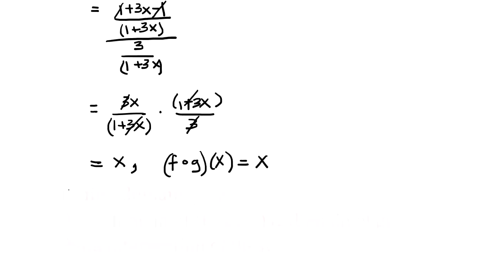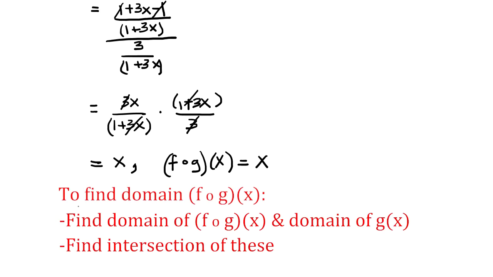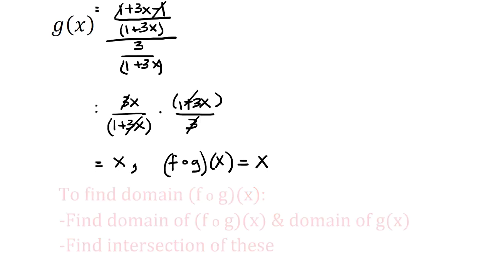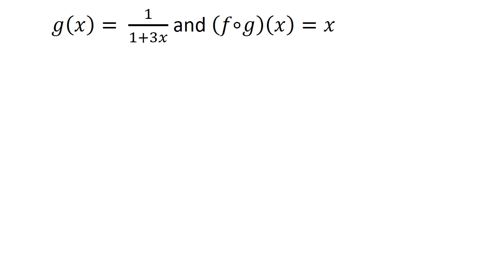To find the domain, I need to find the domain of the result of f composed with g, and I also need to find the domain of g and then take the intersection. So the domain of g, well, we're going to have to eliminate anything that makes the denominator 0.